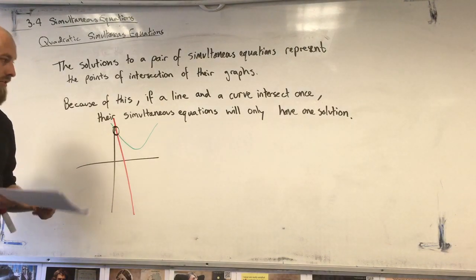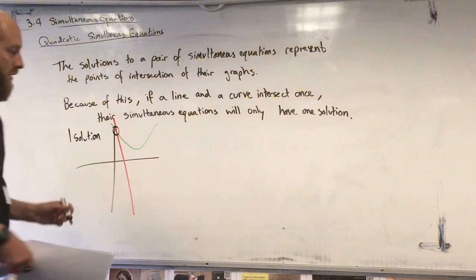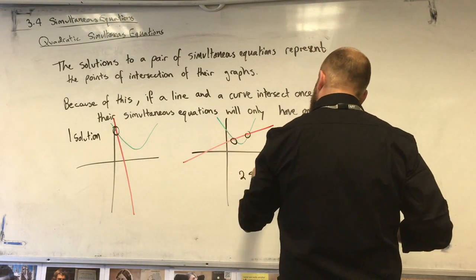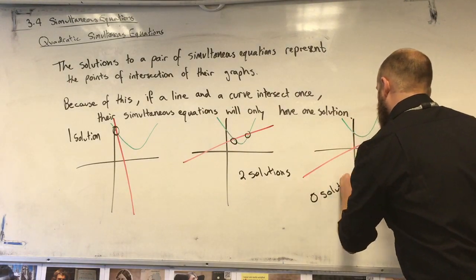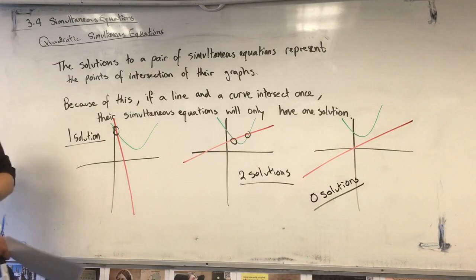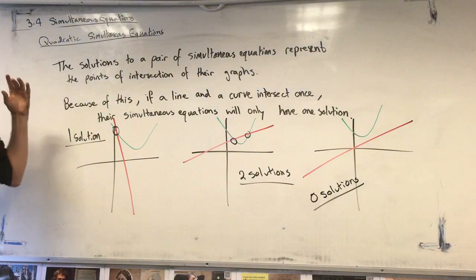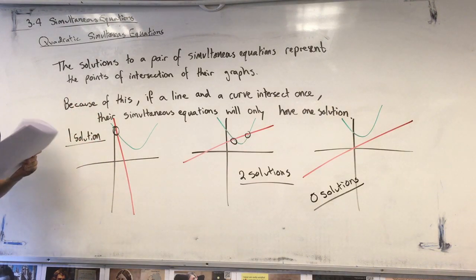If it has two solutions, it means it meets it twice. So here we could have one solution, two solutions, and no solutions. So you can see just by talking about simultaneous equations where things cross, you can also start getting the discriminant involved in these kinds of questions as well, as you will see a little bit later.